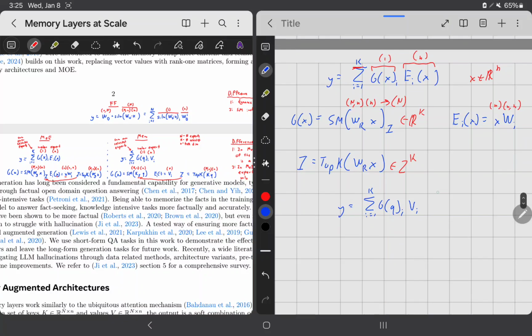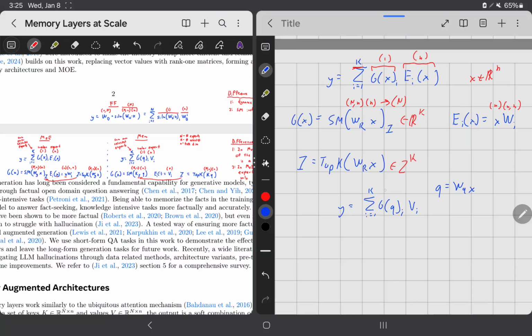The difference is q is equal to x, so we're just calling the input token a query. And in reality, this is actually like a matrix multiplication, so it's like W_q of x. So it's just some transformed version of our input token x in some way.